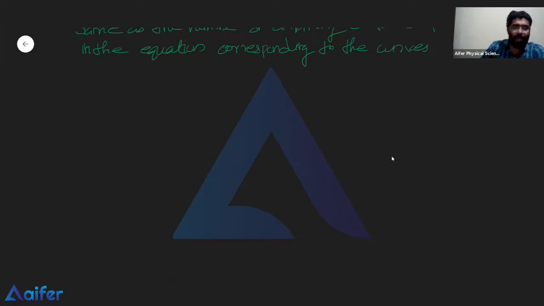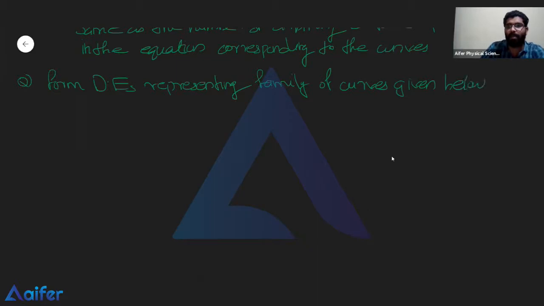Questions. Form differential equations representing the family of curves given below. So the first family is y equal to mx.